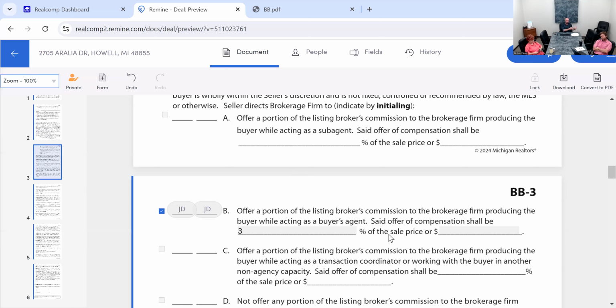So if they have a buyer contract that says they're only getting 2.5, then their purchase agreement should say that they're only getting 2.5. And so this listing contract saying that we were offering 3, that's not what we're actually going to end up giving them, because the purchase agreement says it's only 2.5 because it's based on the buyer contract.